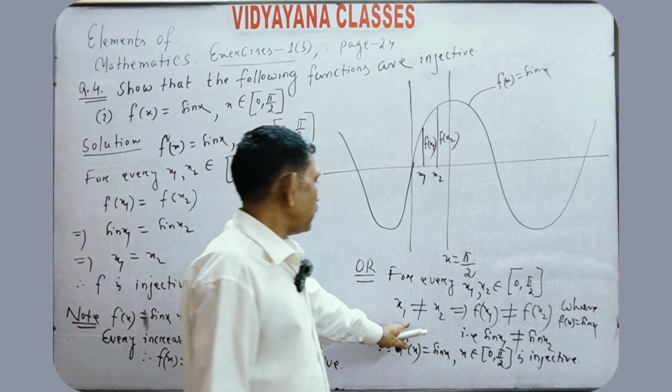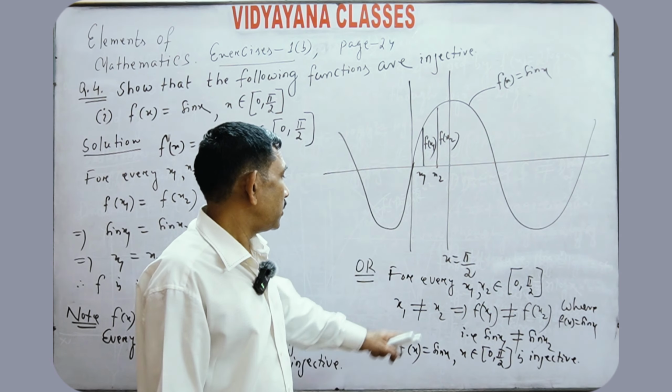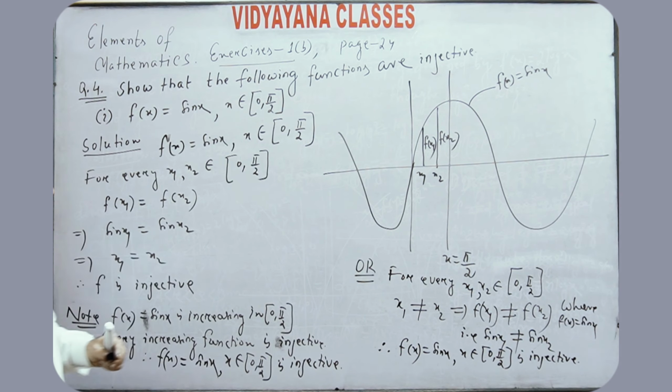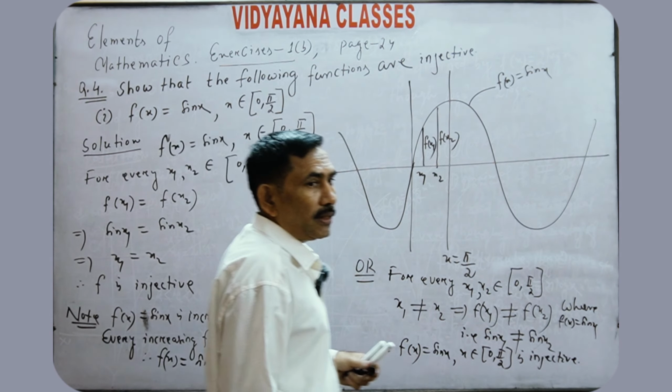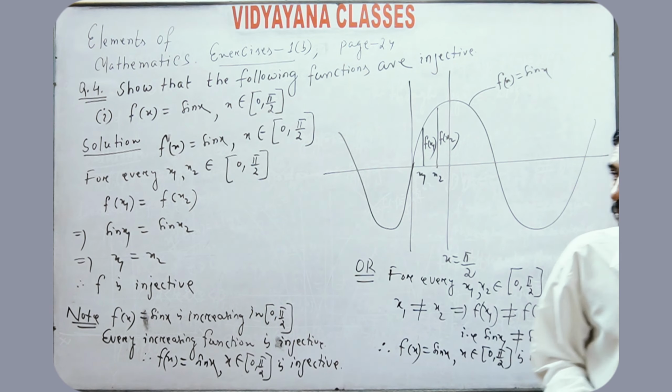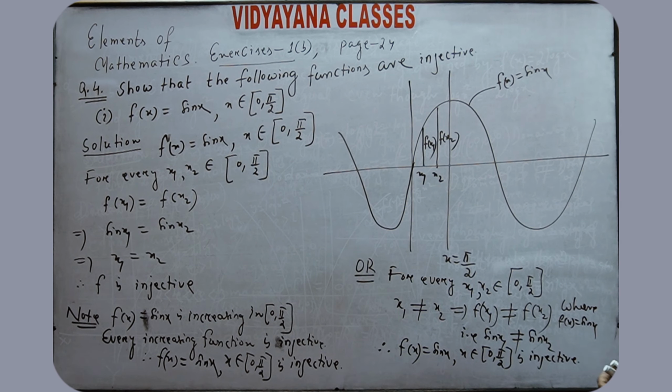If two objects are unequal, their images are unequal. This and this are the definitions of injective. So the function defined is injective. Clear? Okay, note down.